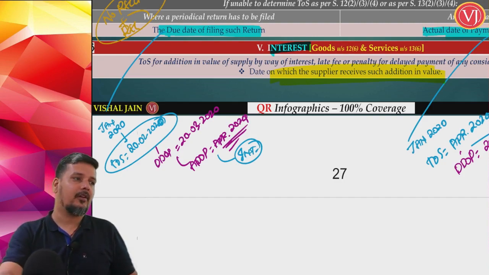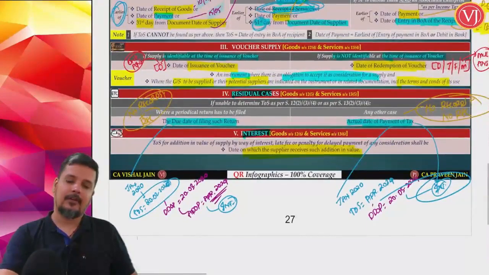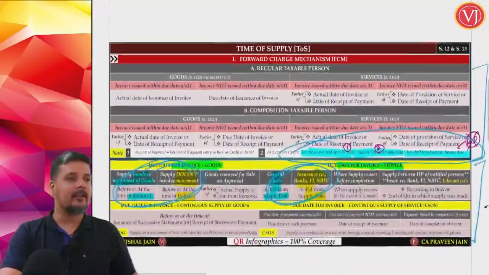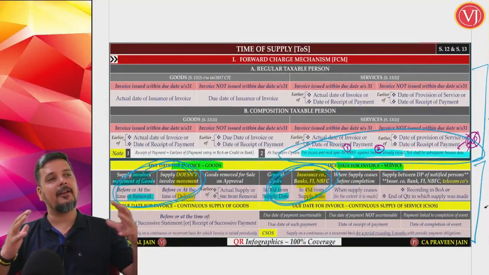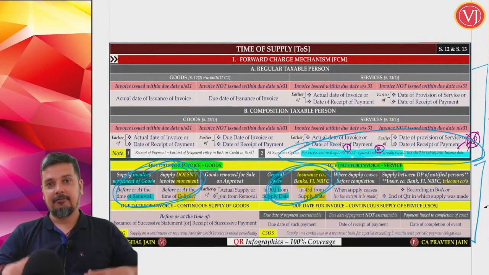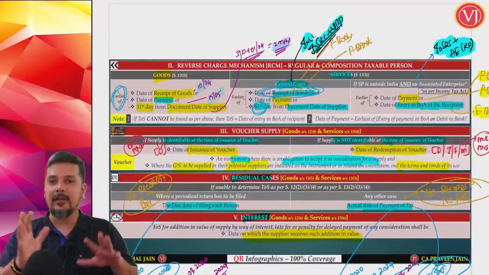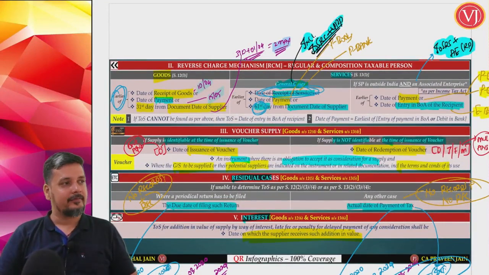That is all about your time of supply. If you look at this time of supply, by coincidence, it comes from complicated to simple. FCM different for goods and services and 2 steps. RCM different for goods and services but only 1 step. Then voucher supply, same for goods, same for services, 2 scenarios.